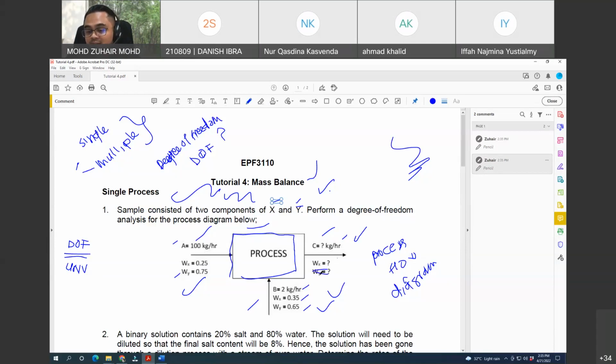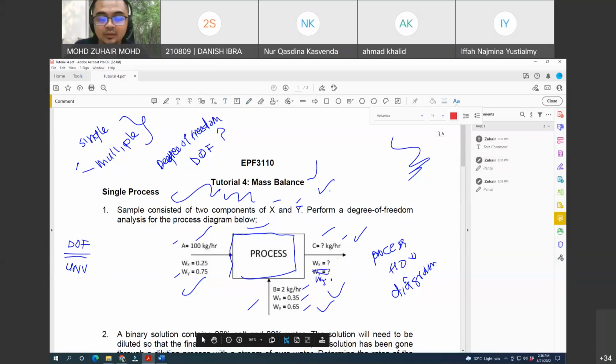This is because wy equals w1 minus wx. We just need to know wx in order to solve wy. So this is not considered an unknown variable if we have two components like this.